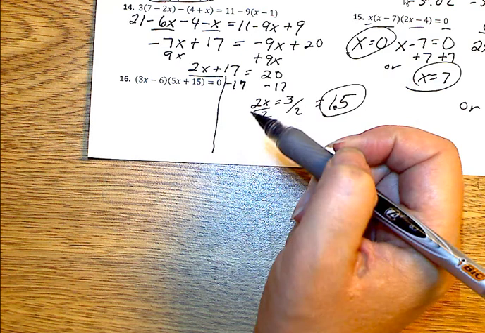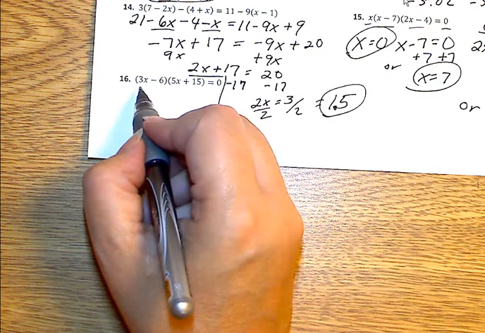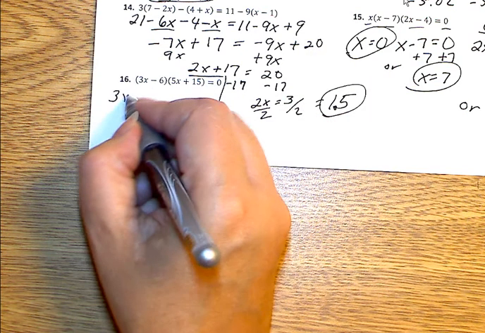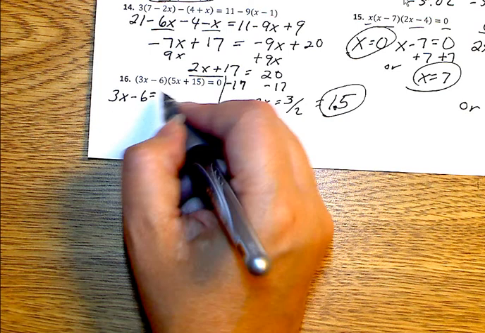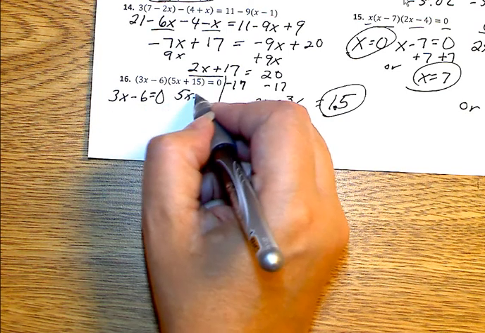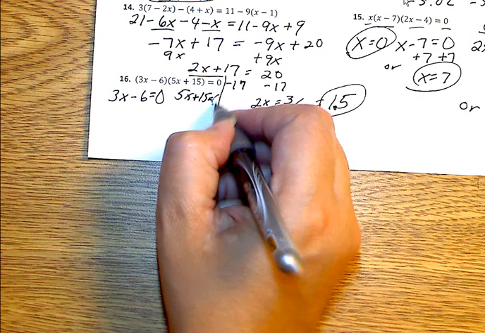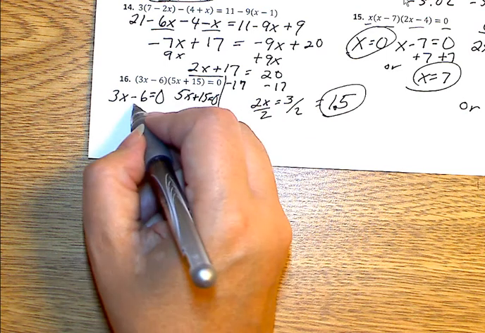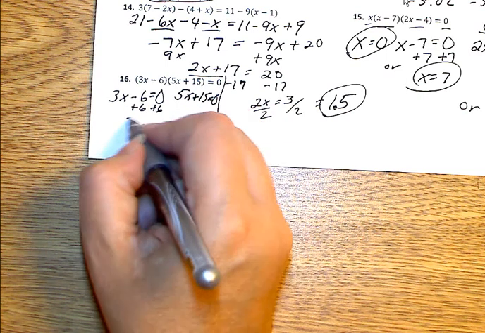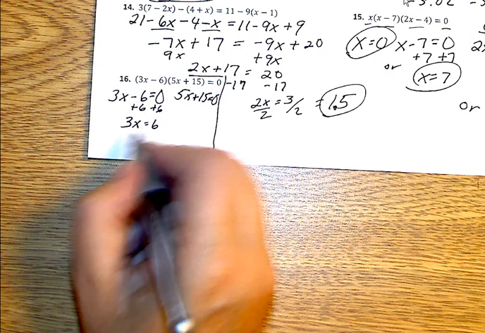On 16, what do we have to set 3x minus 6 equal to? 0. And then 5x plus 15 is equal to? 0. Solve it out. So I add 6, so I have 3x is equal to 6. Divide by 3.